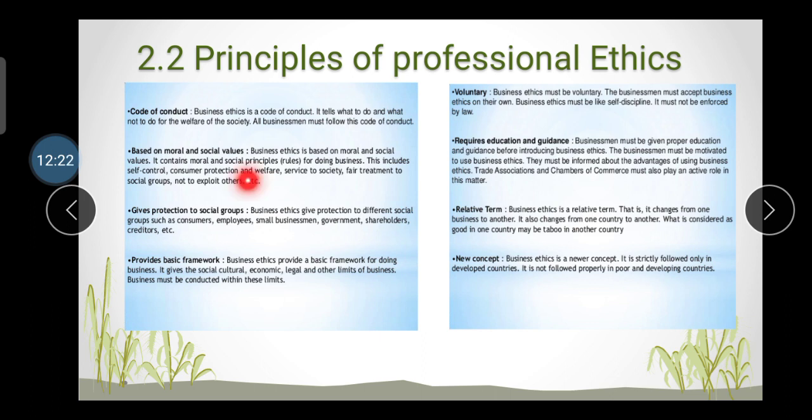Okay. Then give protection to the social groups. Business ethics is to give protection to the different social groups such as customers, consumers, employees, small businessmen, government, shareholders and creditors. So you have another responsibility regarding your stakeholders: your employees, your customers, small businessmen like your suppliers, and government.